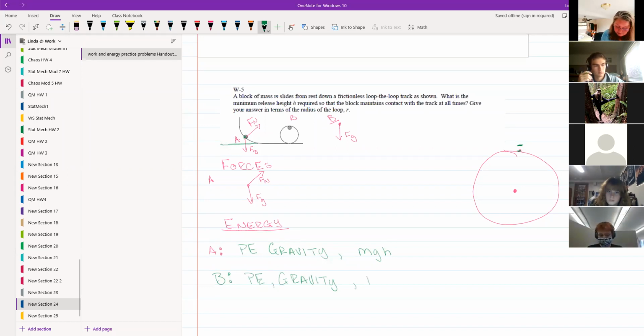And that's the tricky part that I started to get ahead of myself on. When we hear that it's going to just lose contact, one of the more common errors is for people to then say, oh, so this velocity is zero. If its velocity is zero, and we're talking tangential, is the ball going to continue going in a circle?